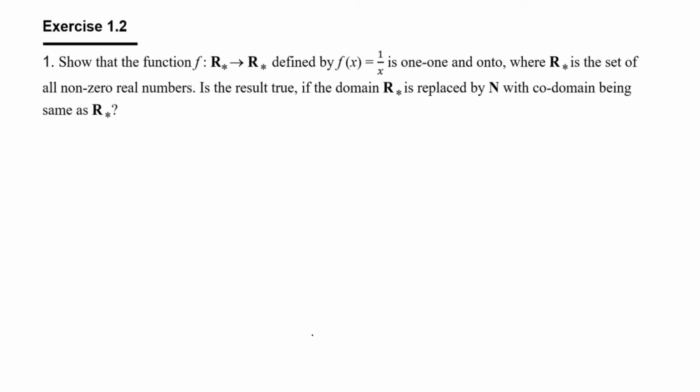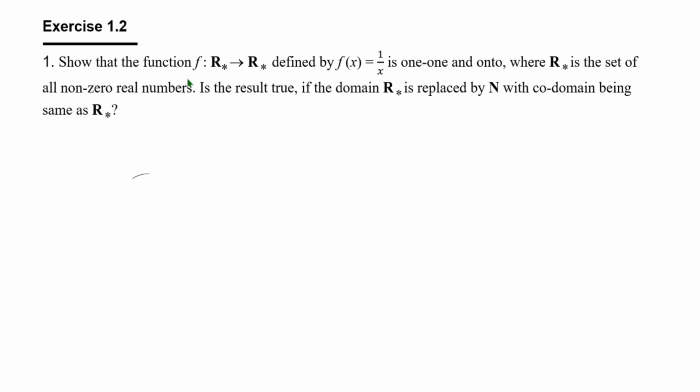So the first question in exercise 1.2: show that the function f from R star to R star defined by f of x is equal to 1 by x is 1 to 1 and onto, where R star is the set of all non-zero real numbers. Is the result true if the domain R star is replaced by N with codomain being the same as R star?